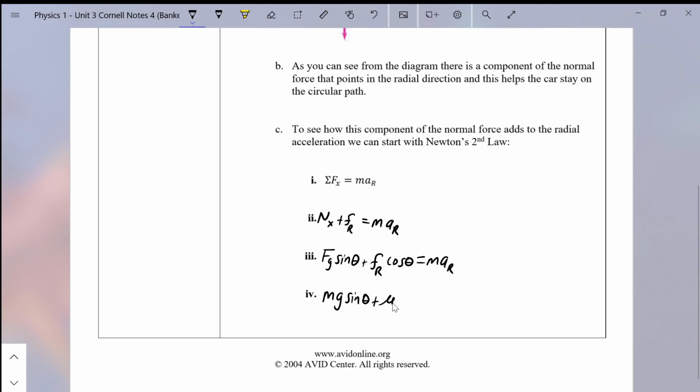Notice how this is ny, the normal force, because our normal force, remember, on an inclined plane points perpendicular to the surface, and so we need that to counteract gravity. So our friction force is uk times ny, that is equal to m a sub r.